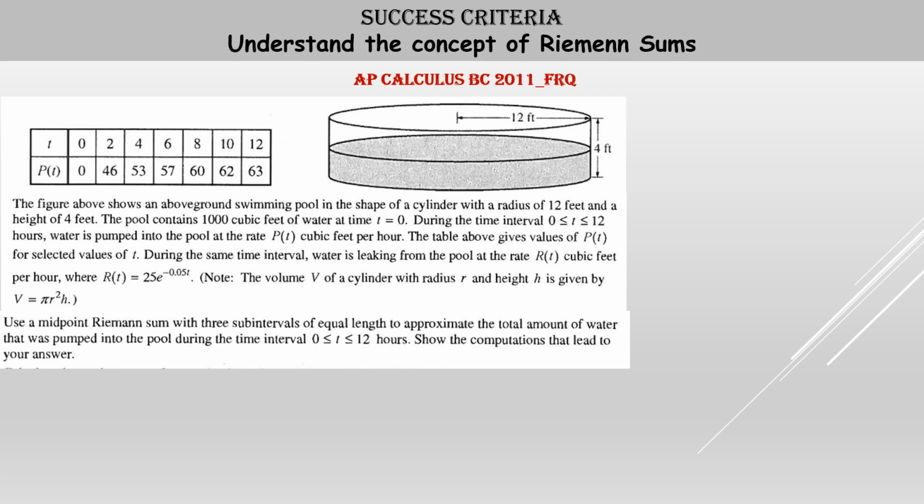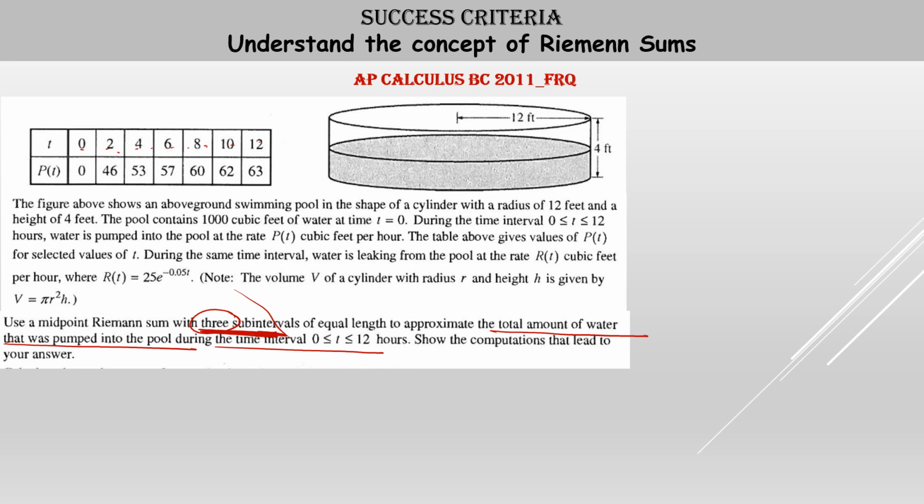Now use a midpoint Riemann sum with 3 subintervals to find the total amount of water that was pumped into the pool during the time interval of 0 to 12 hours. So you have 3 subintervals from 0 till 12.